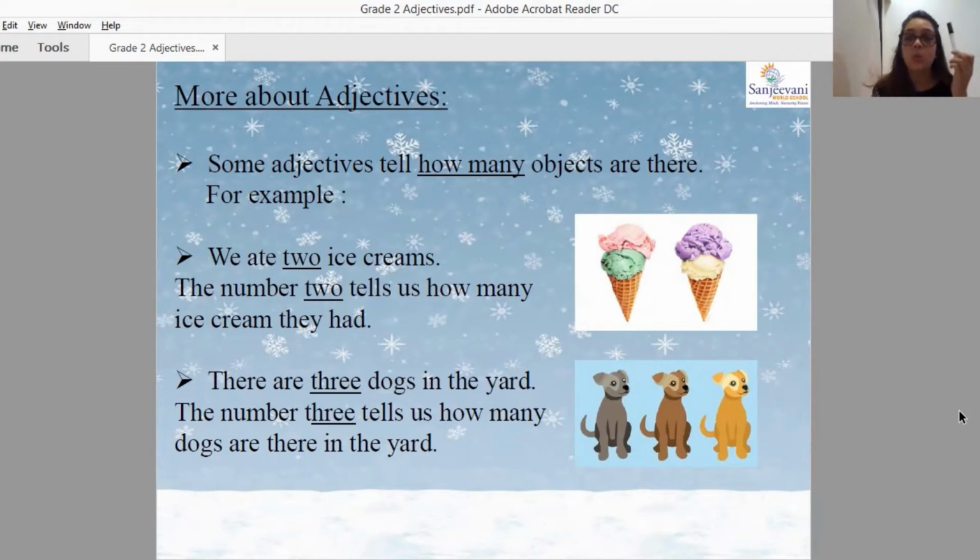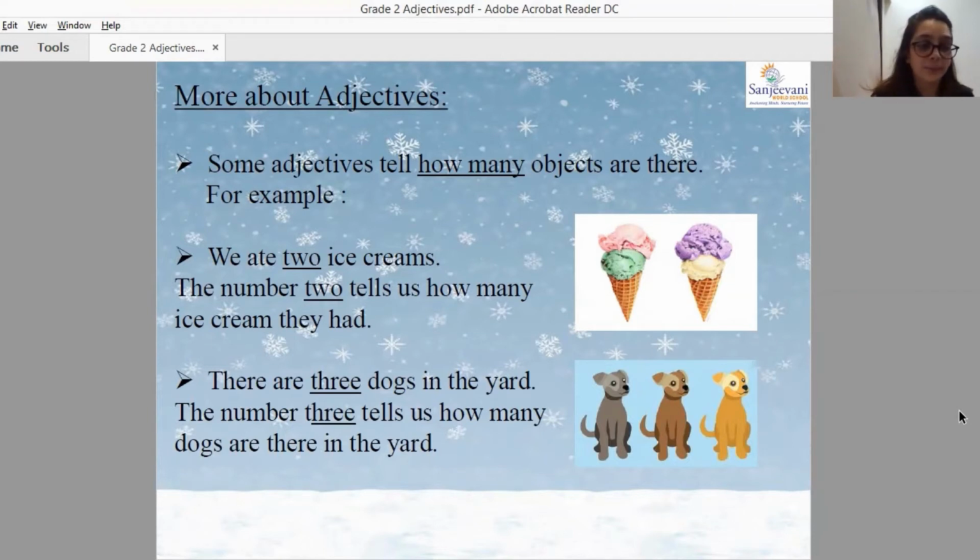So it is one, right? So over here the example is we ate 2 ice creams. It is telling us how many ice creams you ate. So the number 2 is called a describing word or an adjective.